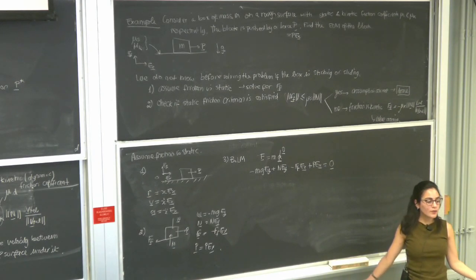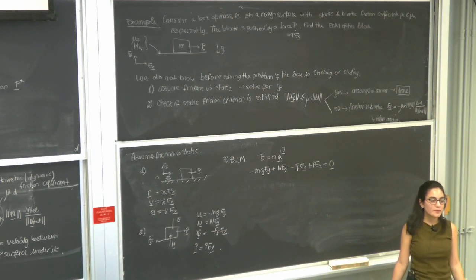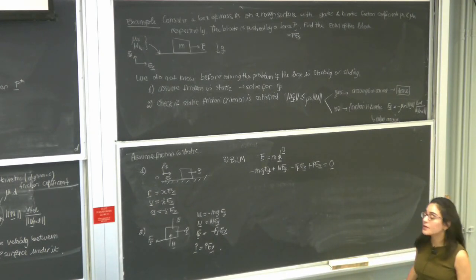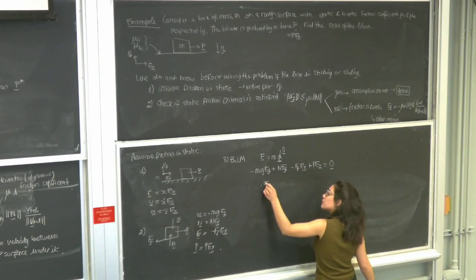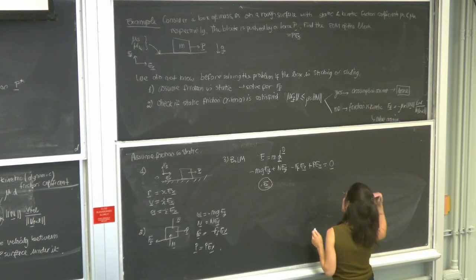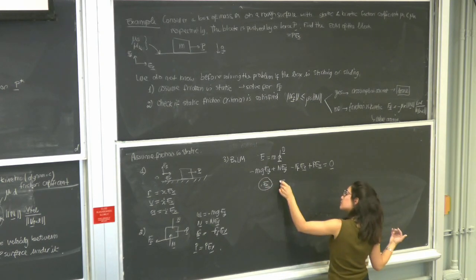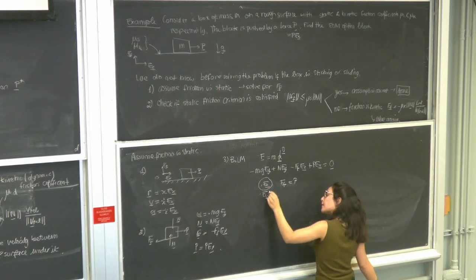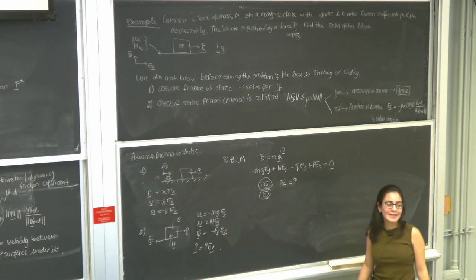How do I solve for the friction force? Yes? Project on Ex. And I'll get that the friction force is just equal to P. I can solve for the normal force by projecting along Ey.